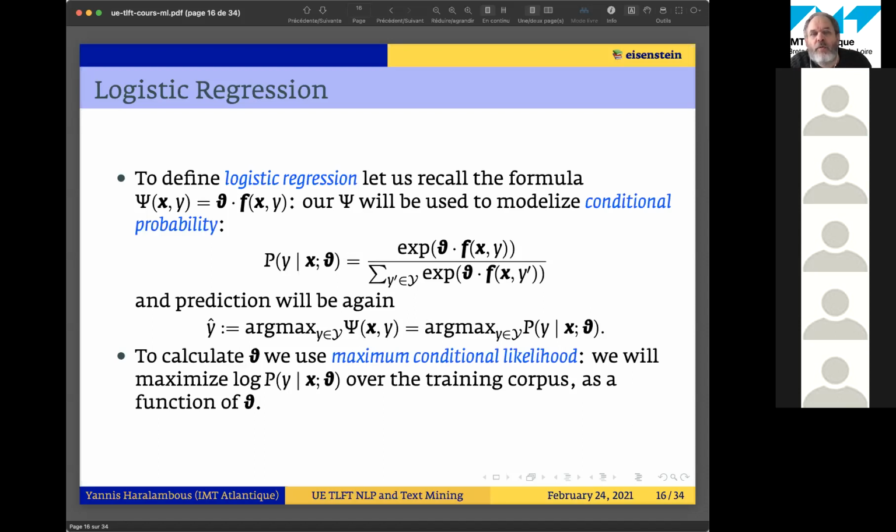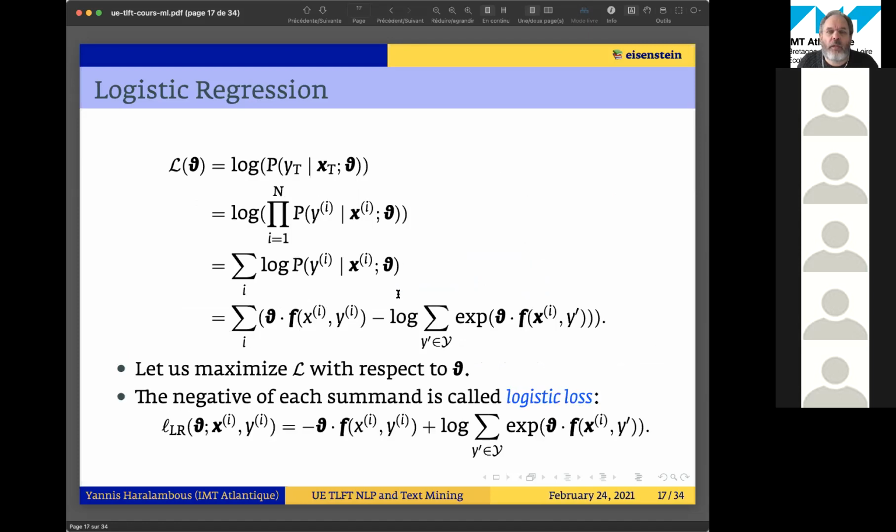So in the case of logistic regression, the model we have chosen is this one: exponential of a product between a parameter theta, which is a vector, and this function, which is equal to x for a given y and 0 otherwise, divided by this term in order to have the properties of probability. This is the one thing to keep in mind with logistic regression.